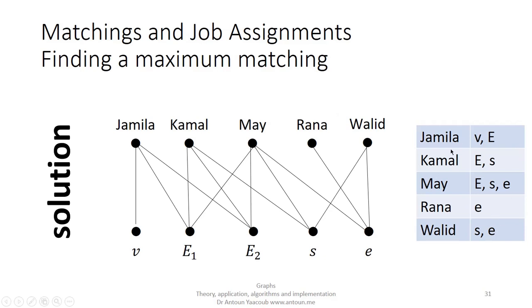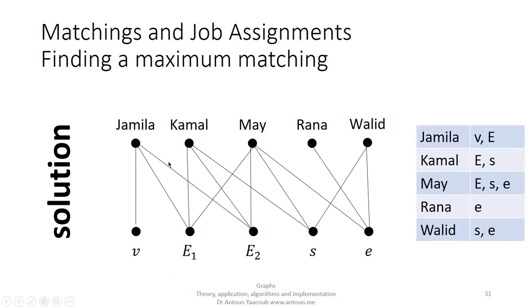So we have here the employees, and here we have the jobs. We draw the bipartite graph where each vertex in part X corresponds to an employee, and each vertex in part Y corresponds to a job. Since there are two people needed for enrollment, we have two separate vertices for those two positions labeled E1 and E2.